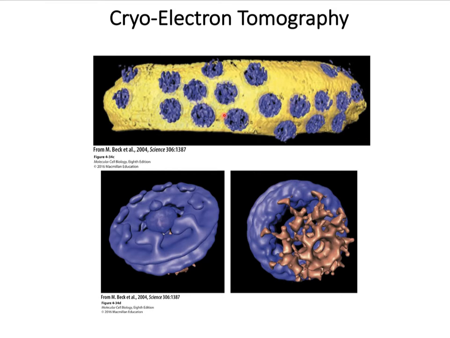The top picture shows the yellow nuclear envelope with the purple nuclear pore complexes. In the bottom left and right, one individual pore complex is visualized in the bottom and the top orientation. Please note that these images are actually pretty low resolution.